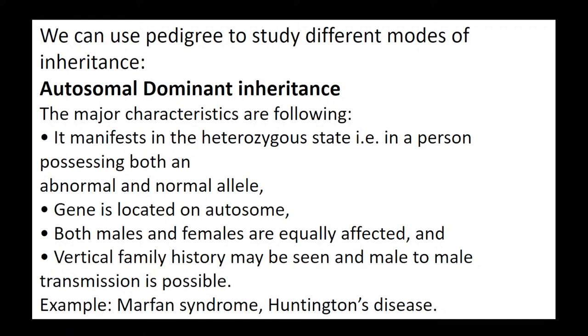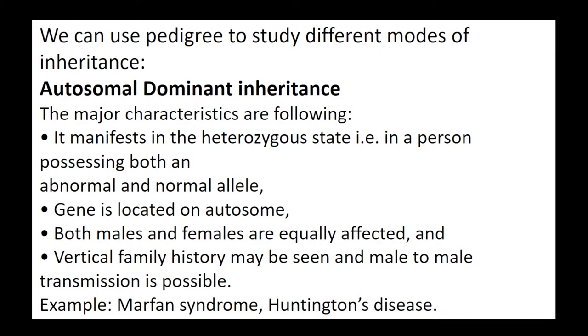There are 6 types of inheritance, and we can find these types with the help of pedigree analysis. The first is autosomal dominant inheritance. The major characteristic of this type of inheritance is that the characteristics manifest in the heterozygous state.